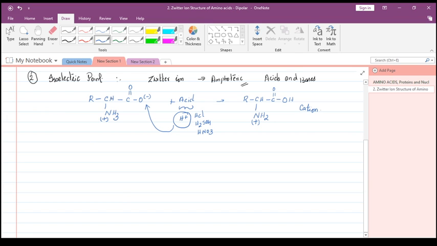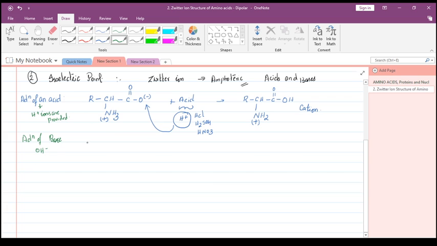This is addition of an acid. In the same way, if you add base, that means OH minus ions are there.